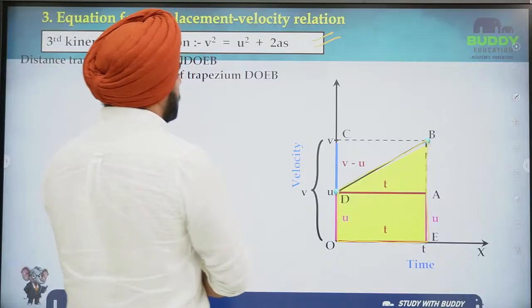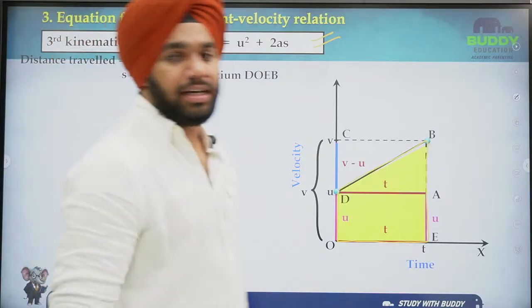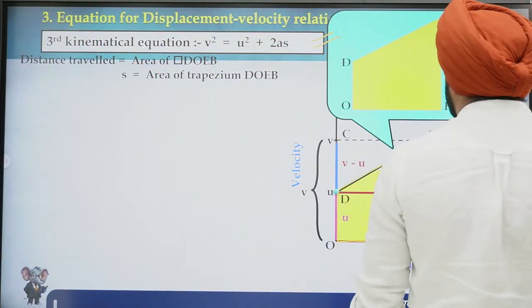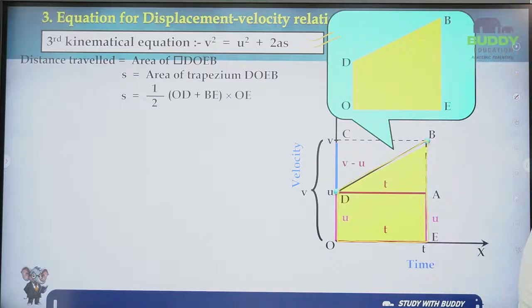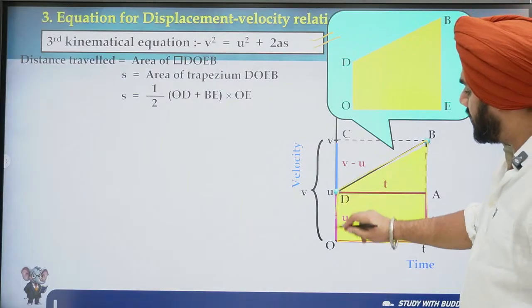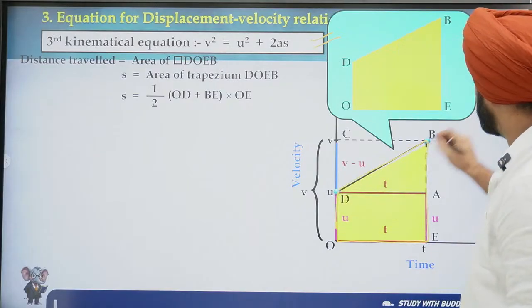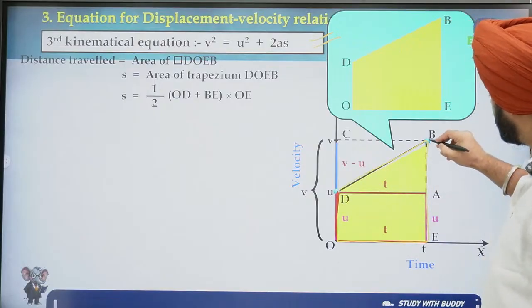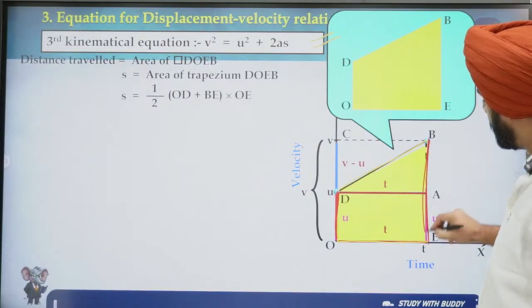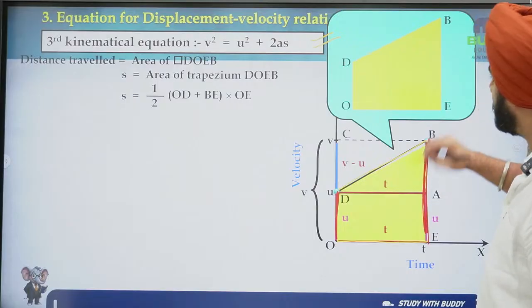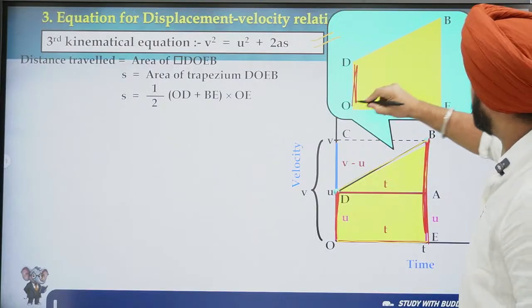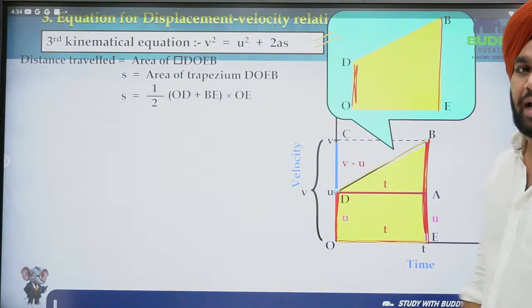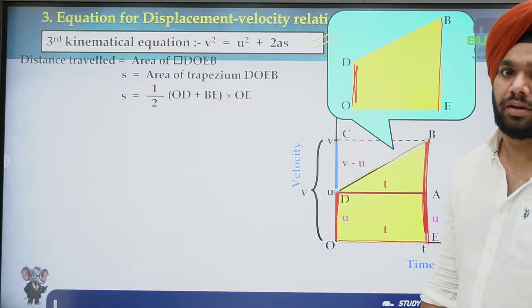Okay, so what is the area of trapezium? Half sum of parallel sides into height. So sum of parallel sides, now take a very close look. This side OD and this EB are the parallel sides of the trapezium, right?